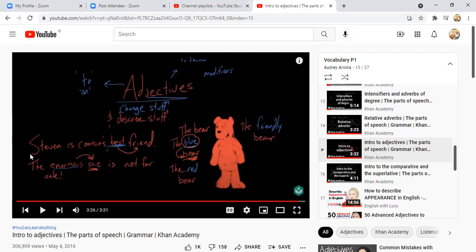It's kind of disjointed. Jadinya kalau misalnya to be-nya dihilangkan gitu ya, if you omitted the to be, it's going to be Stephen, Connie's friend. If it's also without adjective, okay? It's not going to be a sentence, it's just going to be a noun.